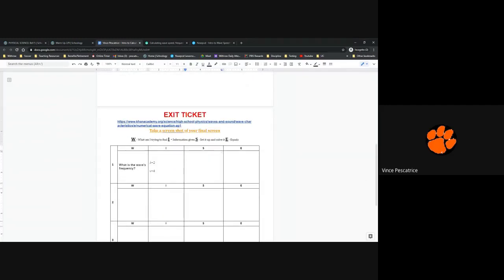What I expect you to do here is just type it in the best way you can. So V divided by, and then you can type out wavelength, or if you want to copy the unit you had over here and paste it, that's fine too. Then 4 divided by 2. And my answer is 2.